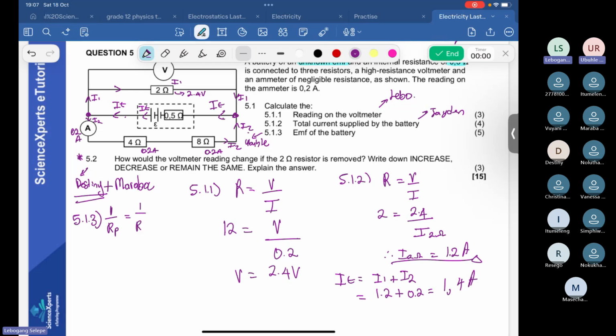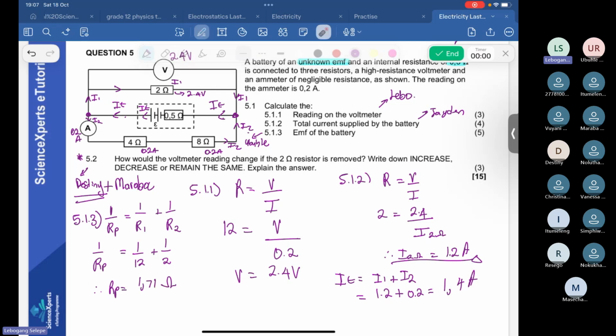And then I got 1/12 plus 1/2, and then I got the inverse of that, which will be our parallel resistance, and I got a parallel resistance of 1.71 ohm. So you notice that this 1.71 is the R external because there's no other resistor, right? So this would be the R external, right?